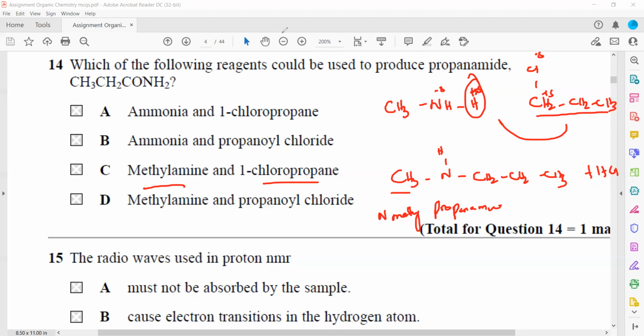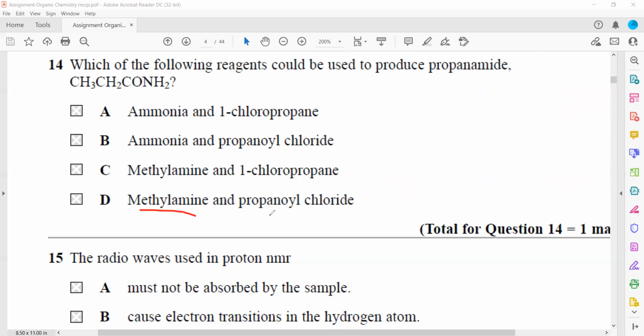And when we check the last option, methylamine reacts with propanoyl chloride. So methylamine is CH3, NH2 is there. In NH, N is partial negative and hydrogen is partial positive. And propanoyl chloride, prop means 3 carbons, and acyl chloride, so C double bonded with O and Cl.